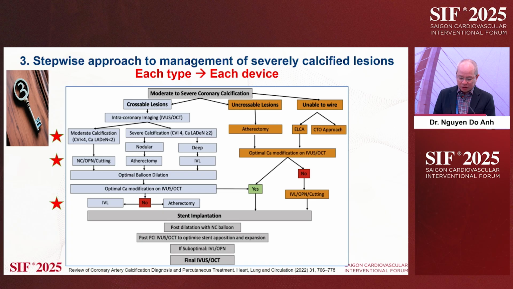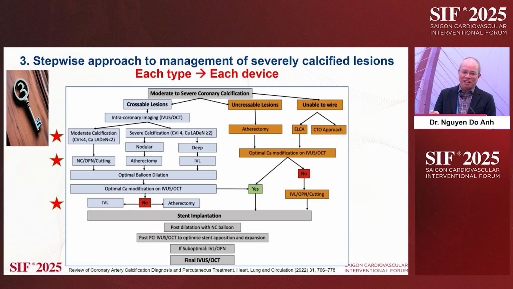But if there is severe or deep calcification, we need IVL, or for nodular calcification, atherectomy. Especially for some bifurcation or ostial calcified lesions, orbital atherectomy or IVL is the best.